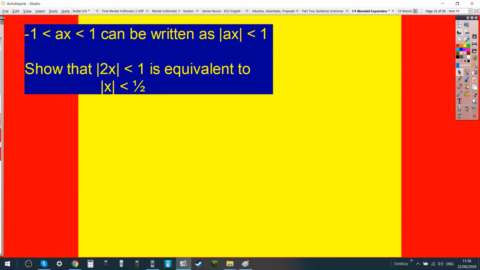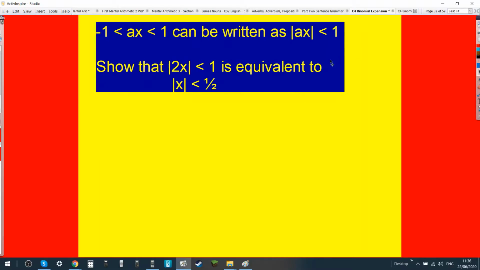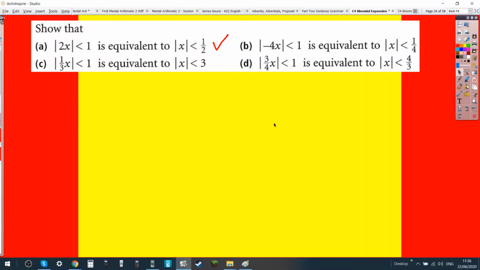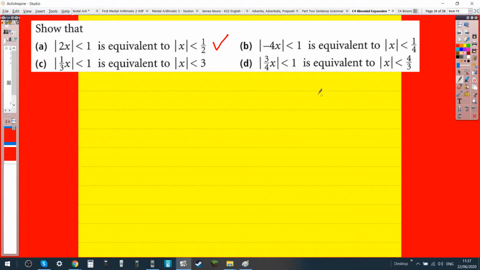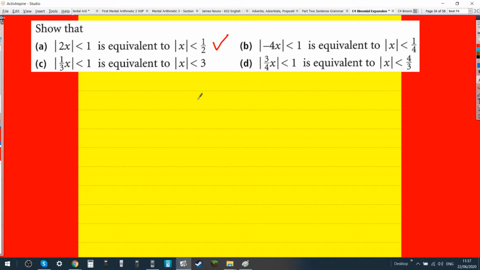Or maybe we better do it. Okay. What would be question B? So do I need to do minus 4x squared or something? No, that's just another way of writing that. So we want the magnitude of x. Minus a quarter and a quarter.